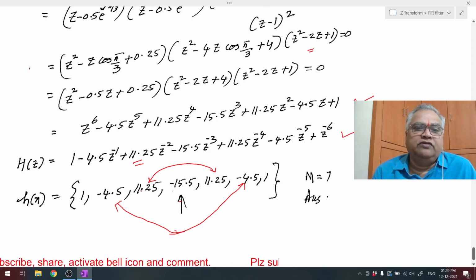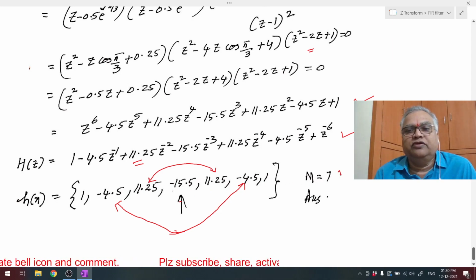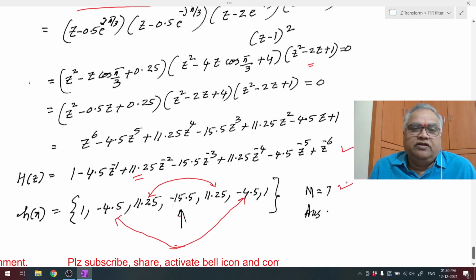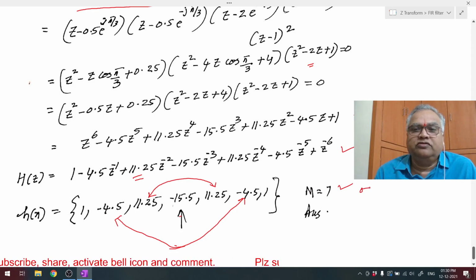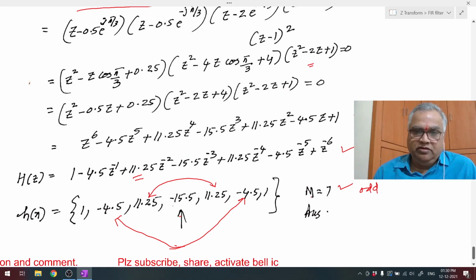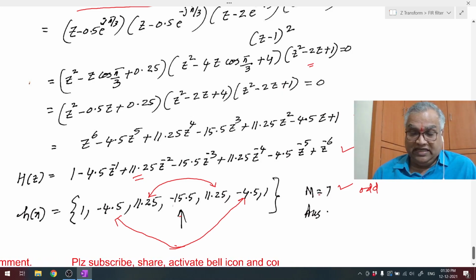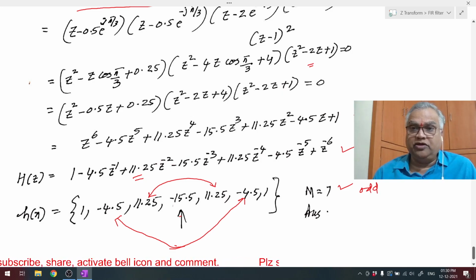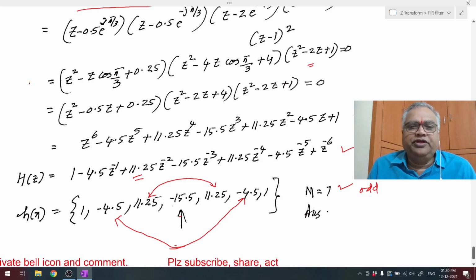And total 7 values: left side 3, right side 3, center 1, total 7. M equal to 7, which is odd. But order of the polynomial is even, as I said earlier. H of n sequence length is odd, but h of z polynomial order will be opposite, even. So that point you can observe.